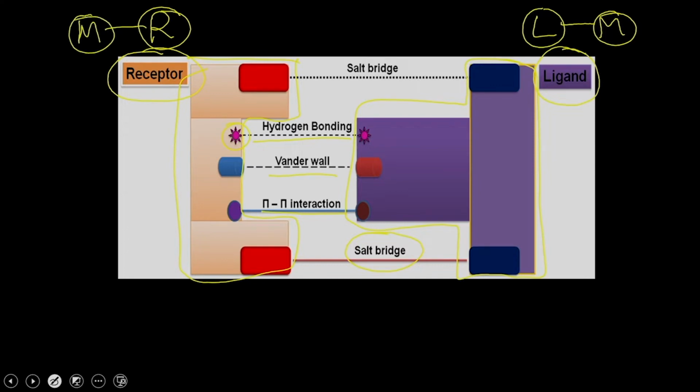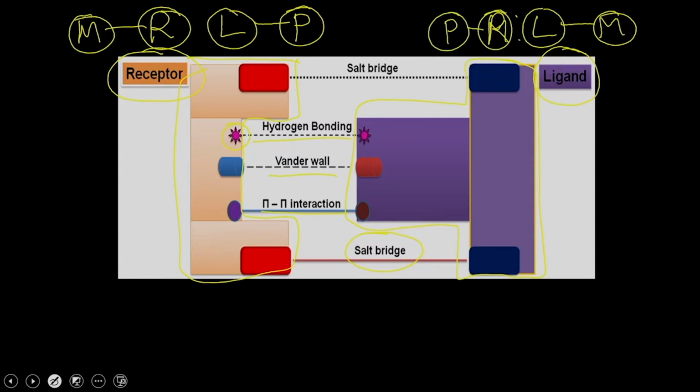If you couple the receptor to the matrix, then you are going to purify the protein that binds the ligand. Similarly, if you couple the ligand to the matrix, then you are going to purify the protein that is the receptor, so that the receptor and ligand make the interactions.